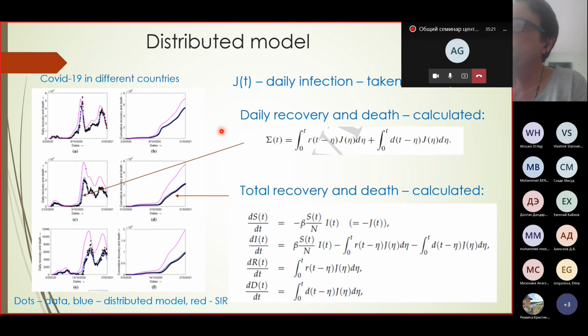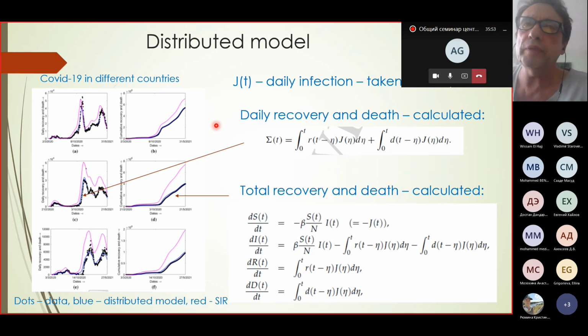We use several of them, a simple gamma distribution, probably taken for China, I don't remember now, and a bimodal gamma distribution taken for Canada. Both of them were taken from the literature, and of course they were obtained from the clinical data for this particular disease. But then we used exactly the same kernels for other countries.